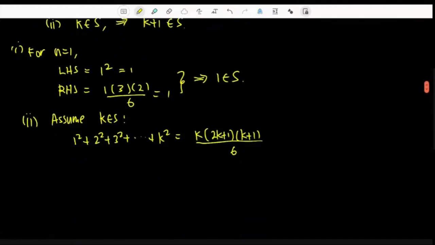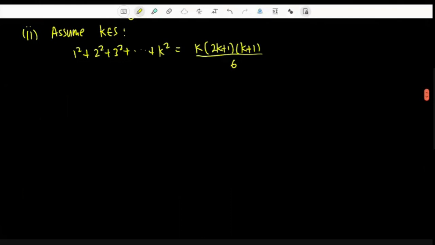All right. Now, what we want to show is that k plus 1 is also in S. So what does it mean for k plus 1 to be in S?